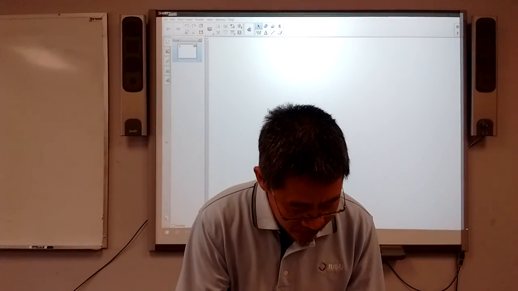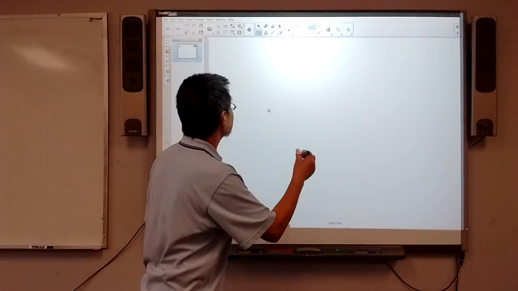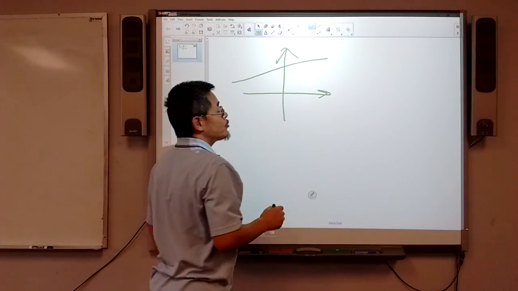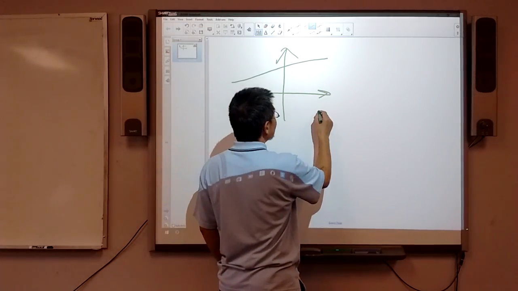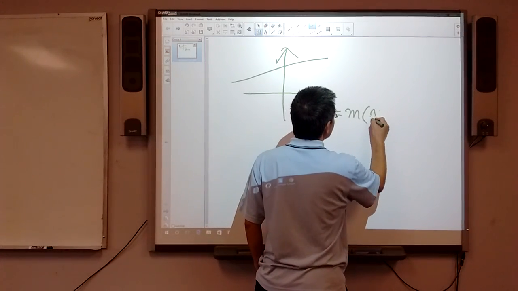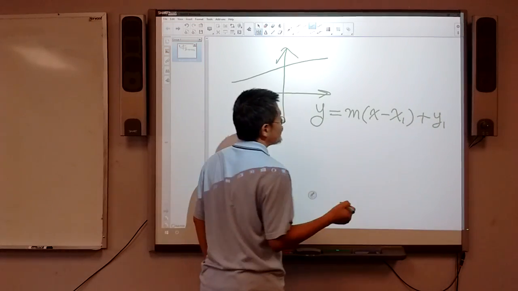Okay, so we talked about when we have a linear function, there are two forms, right? The first one, sometimes people write like this, right? So what's that form?